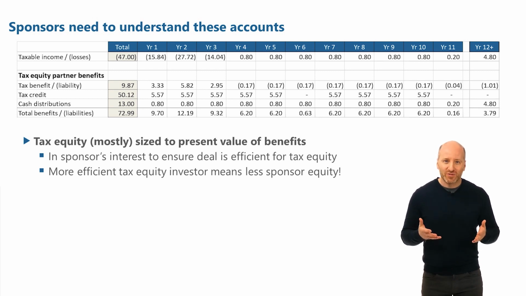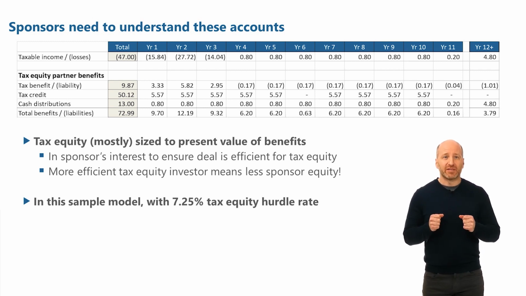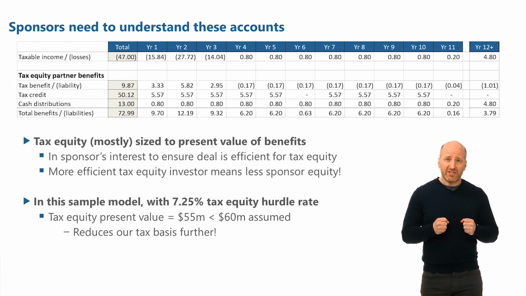In the model that we've just presented, if we use a 7.25% discount rate for tax equity, their present value is around $55 million, which is less than the $60 million that we assumed they were going to invest. And if you think about this, it will only lower our tax basis, requiring more thought and structuring that we just don't have time to do here.